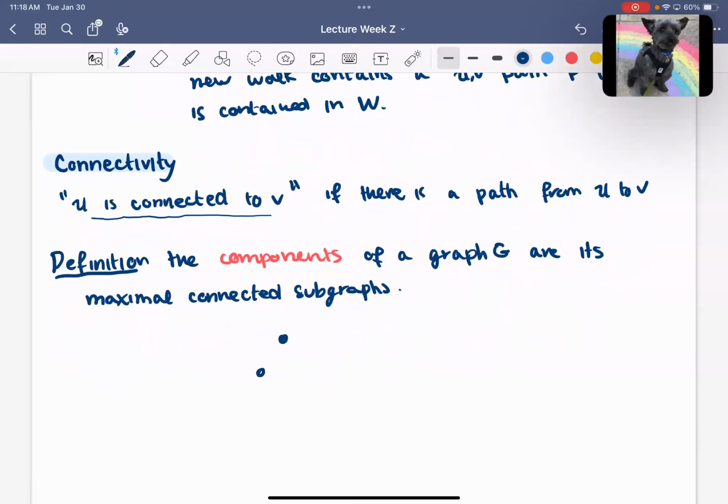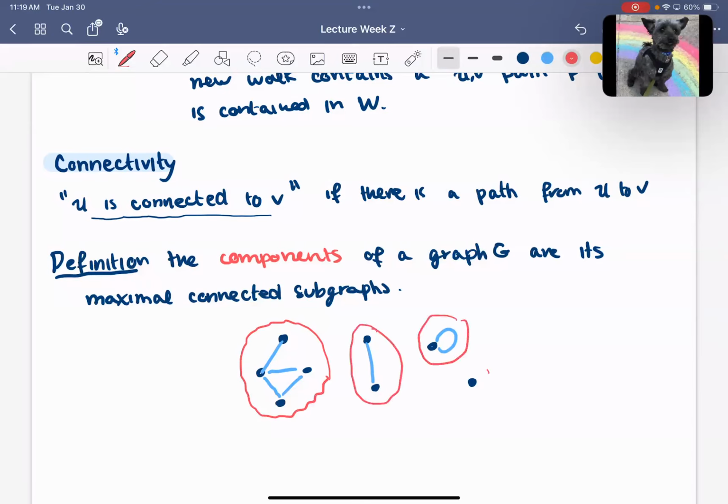Let's say this is our graph G. What are the components? These are the maximal connected subgraphs. For example, this is one component, this is one component, this is a component, and this is a component.